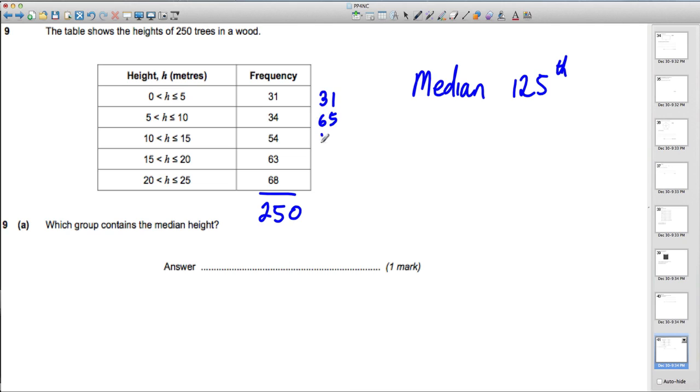The total up to here would be 119, plus 63 would be 182, plus 68 would be the 250. Therefore, the median must occur in this group here. The 125th tree must occur here. So it would be 15 less than h less than or equal to 20. State your group as it's shown there.